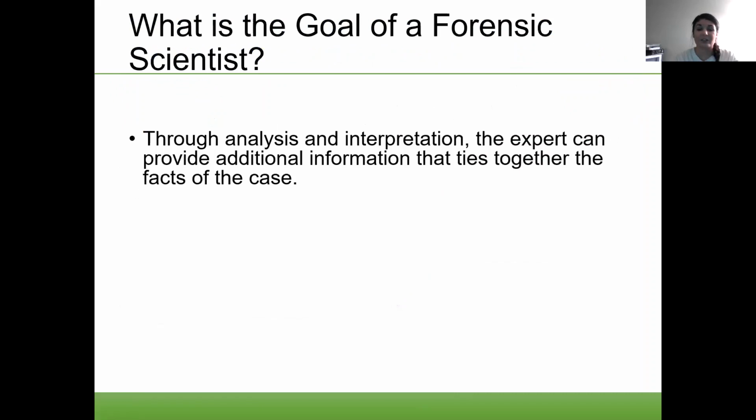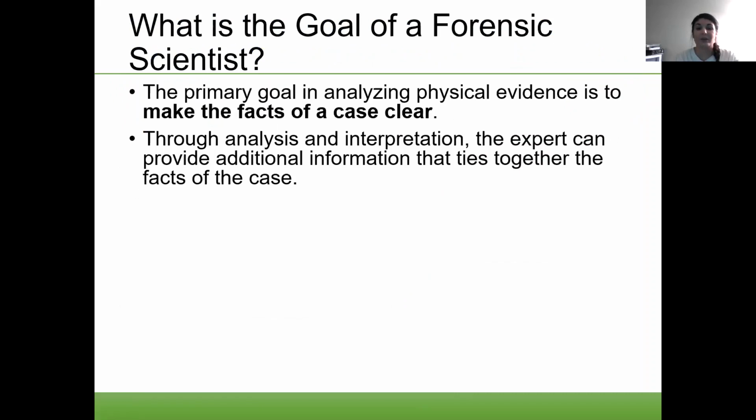So what is the goal of forensic scientists? The primary goal is to analyze the physical evidence to make the facts of a case clear. Through analysis and interpretation, the experts can provide additional information that ties together facts of the case.